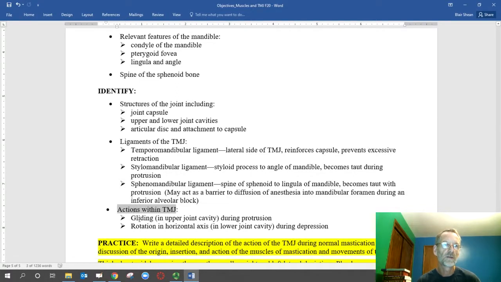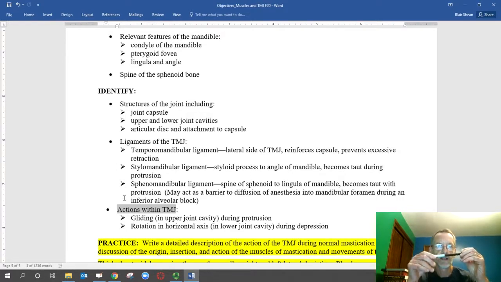So the 2 main ones are gliding, forward and back, protrusion, retraction, and then rotation on a horizontal axis. So the axis of rotation you can think about as a hinge joint and which way the hinge is positioned. If the little pin that goes through the hinge is horizontal, the movement is going to be up and down.